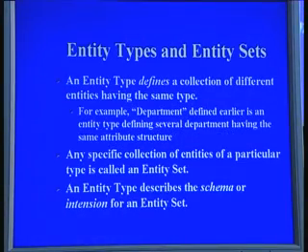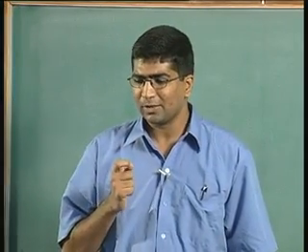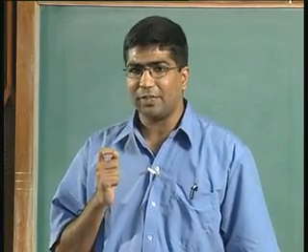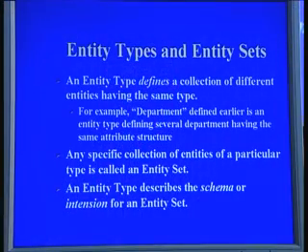So let us come back to entities and define a few more terms here with respect to entity types. I've been using the word entity type, but have never really formally defined this term. So an entity type defines a collection of different entities of the same type. For example, in this slide we give the example of department.